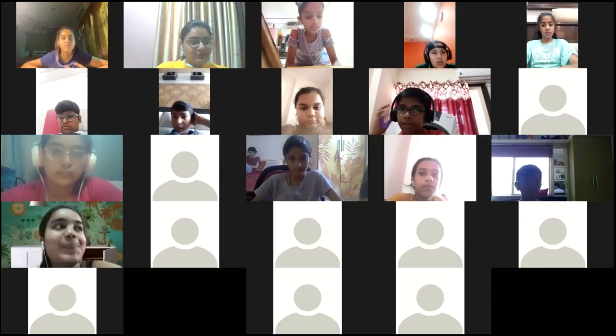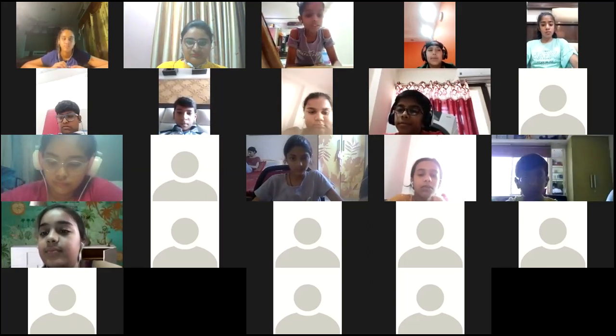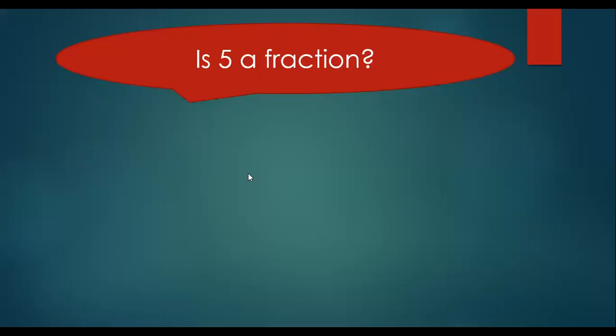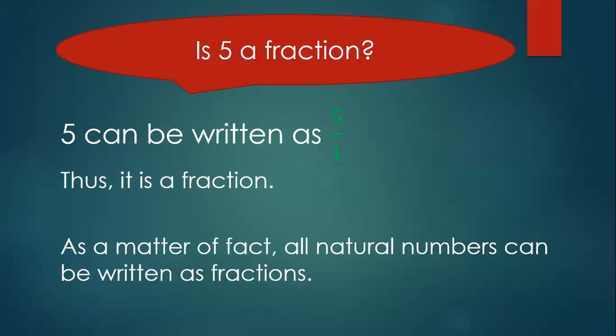Okay. So coming back to what we were doing, as Kanak said, yes, 5 is a fraction because 5 can be written as 5 by 1. And children, as a matter of fact, all natural numbers can be written as fractions. 10 can be written as 10 by 1, 99 can be written as 99 by 1, 1059 can be written as 1059 by 1.